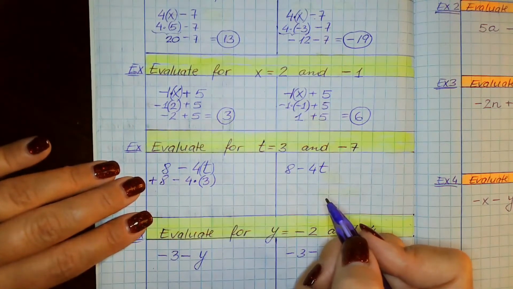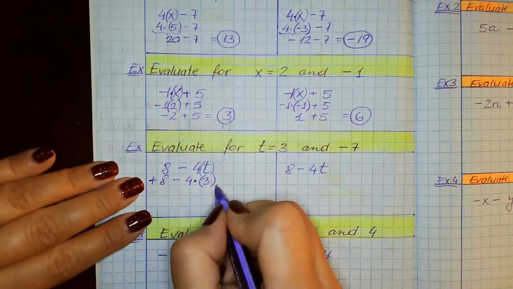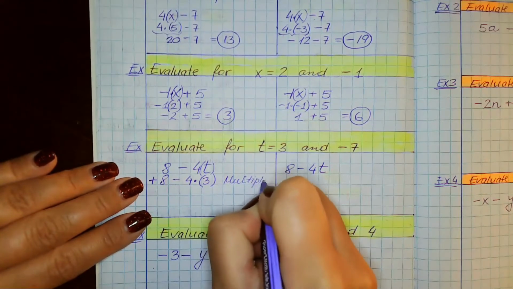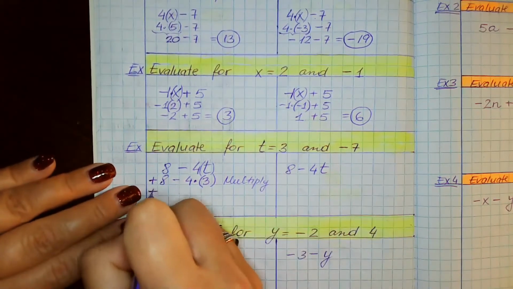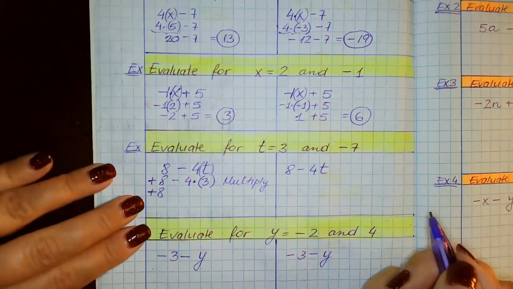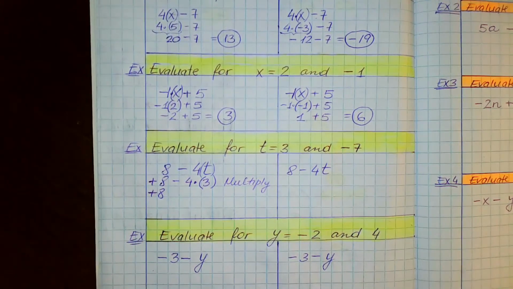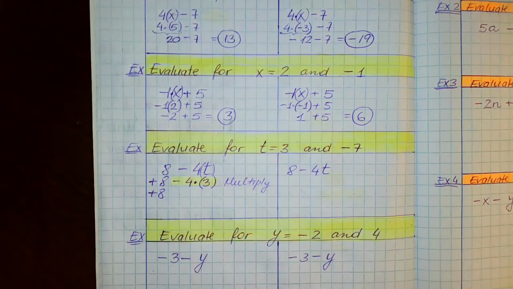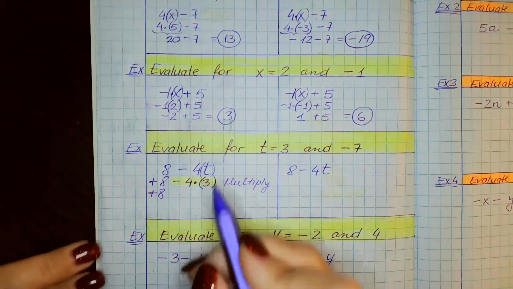So based on the order of operations, again, you have to multiply first. So I'm going to leave that 8 alone, and I'm going to multiply. When I multiply, I'll multiply negative 4 times 3. So I include the sign in my multiplication.